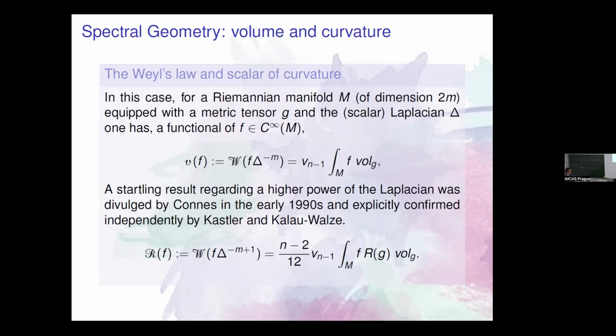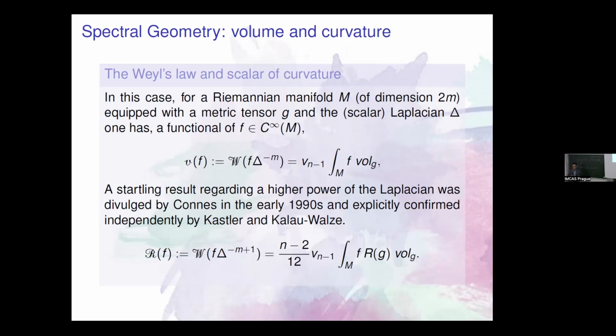And the difference between the computation by Kastler and Kalau-Walze was that Kalau-Walze used the fact that you can choose your coordinates as you wish on a manifold. So using everything is local. So this thing in here is a density, so it's local.